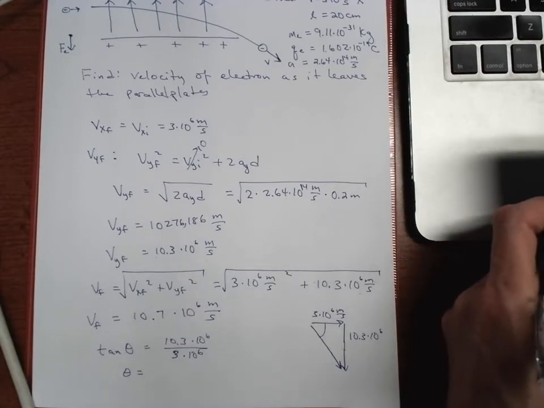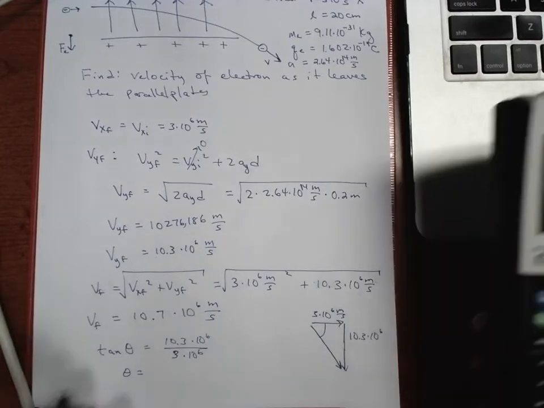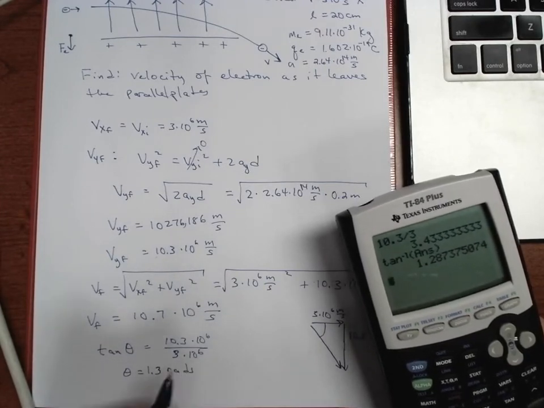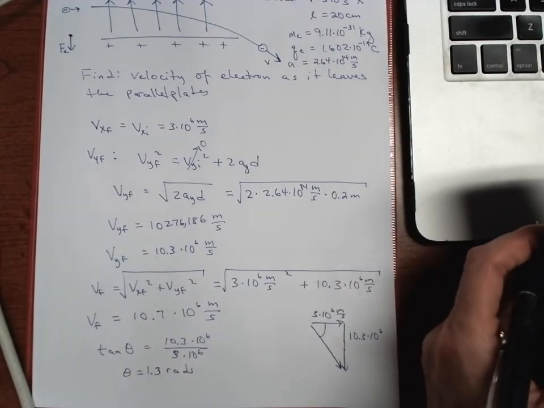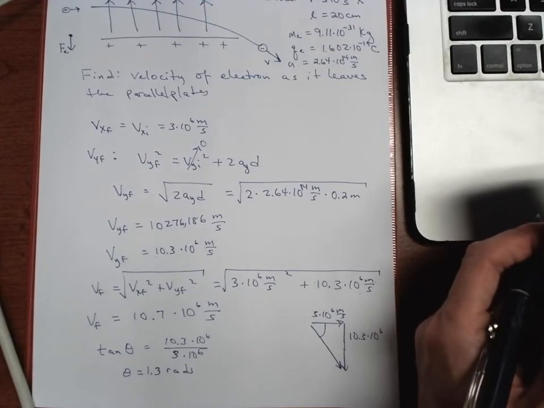Let's see what mode I'm in. I'm in radians, okay, so I can leave it in radians. My theta is going to be 1.3 radians, and I can change that to degrees.